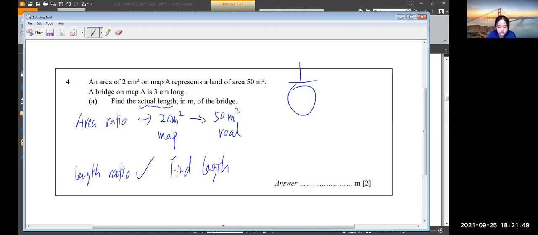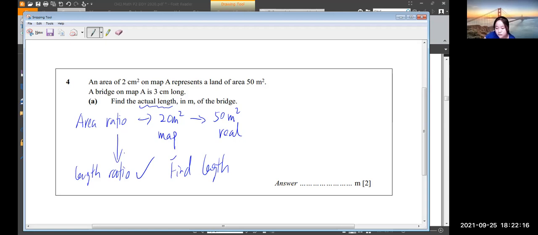Did you find the length ratio first? I'm not sure whether it's the length ratio, but my next step was 2:500. Okay. Then I think I kind of understand why you are wrong already. But anyway, the approach should be area ratio, then change it to length ratio.